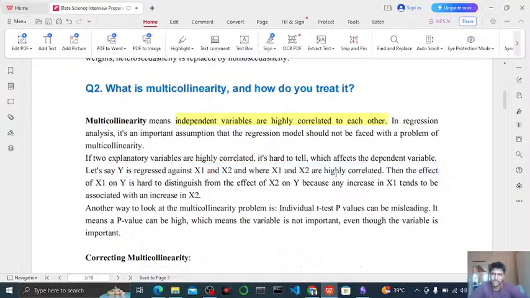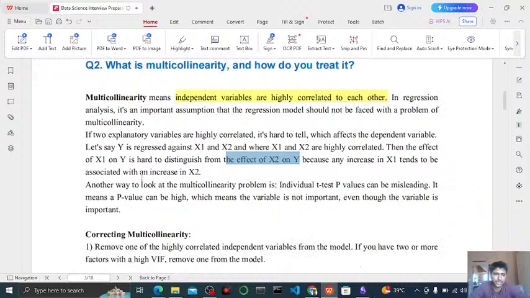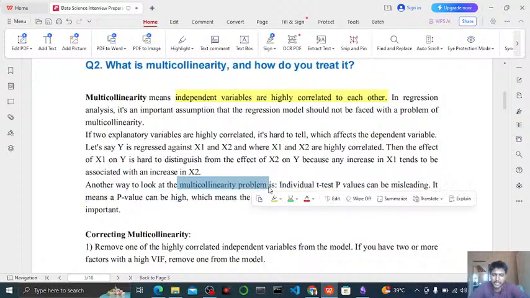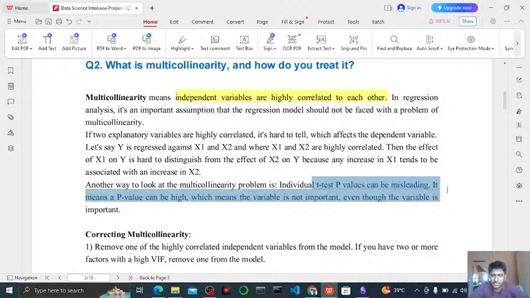Then the effect of x1 on y is hard to distinguish from the effect of x2 on y, because any increase in x1 tends to be associated with an increase in x2. Another way to look at the multicollinearity problem is that individual t-test p-values can be misleading.